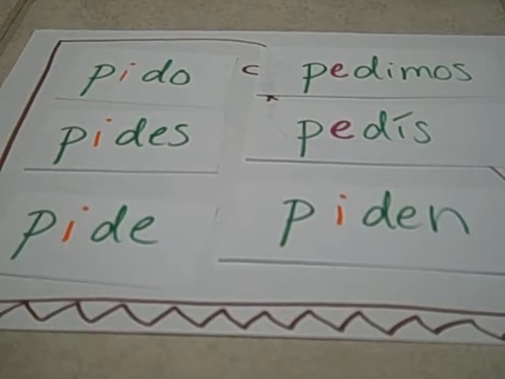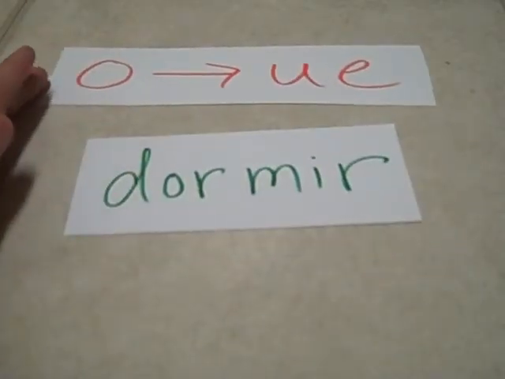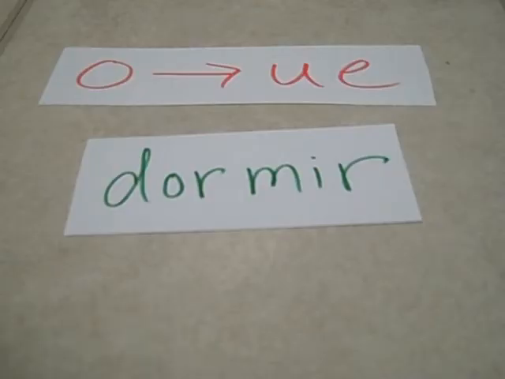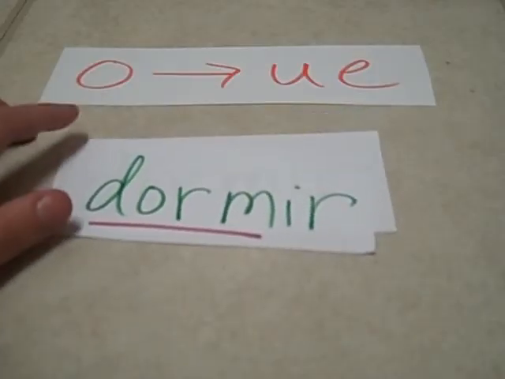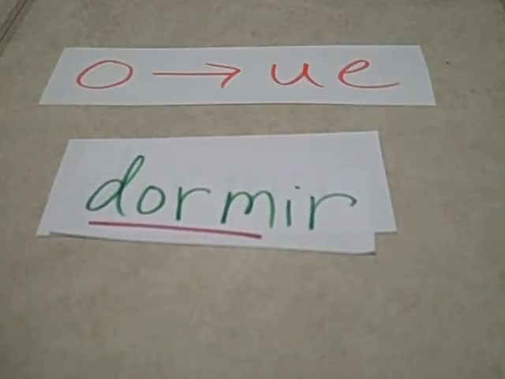Now, let's take a look at the third category of stem changing verbs. These are the O to UE stem changers. An example of one of these verbs is the verb dormir, the verb to sleep. Dormir is an IR verb, so it will use the IR verb endings. And the O of the stem will change to a UE in the yo, tú, usted, and ellos, ellas, ustedes forms, like this.